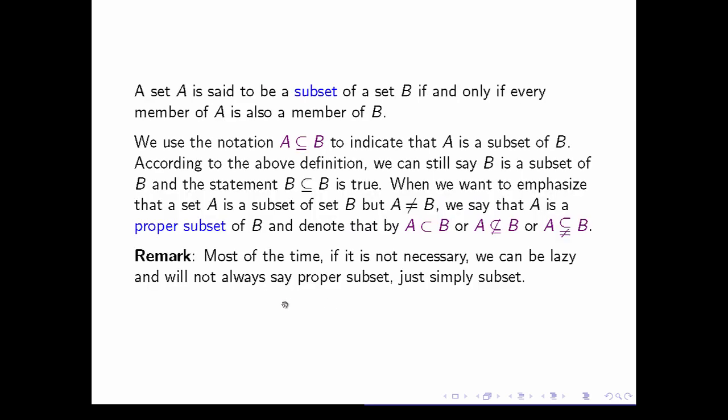Okay, the next concept and terminology used in set theory is the subset. So when we have two sets, set A and set B, we say that set A is a subset of set B if and only if every member of set A is also a member of set B. In terms of notation, we will use this symbol here.